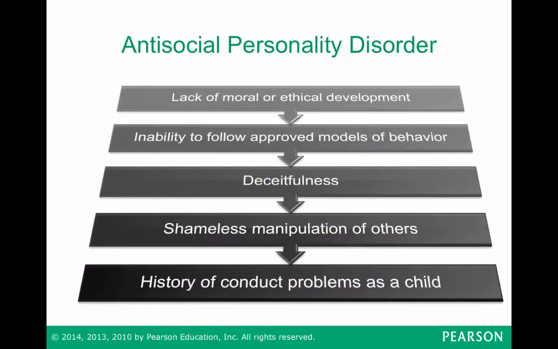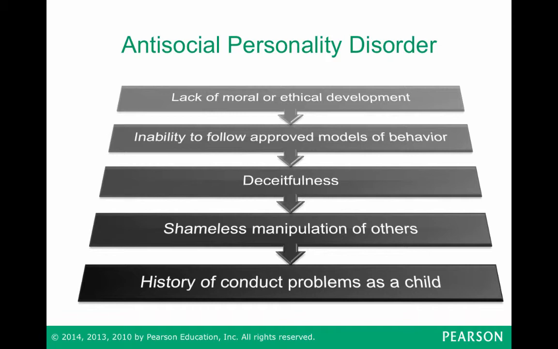Then we have antisocial personality disorder. Individuals with antisocial personality disorder continually violate and show disregard for the rights of others, either through deceitful, aggressive, or antisocial behavior. And what is characteristic of this is that they typically don't show remorse or show loyalty to anyone. They tend to be impulsive, irritable, and aggressive, and they show a pattern of irresponsible behavior.